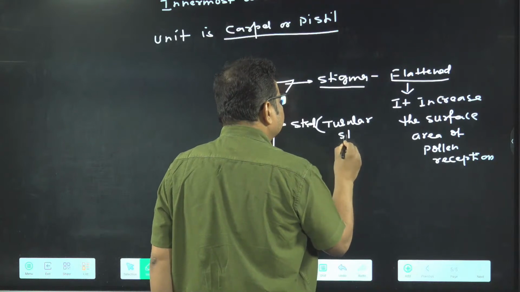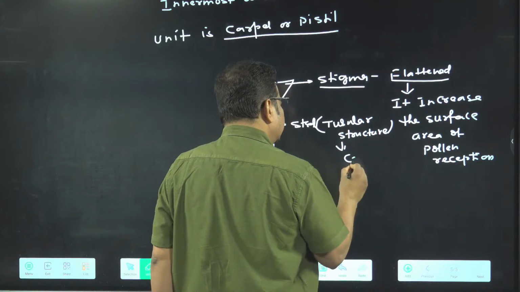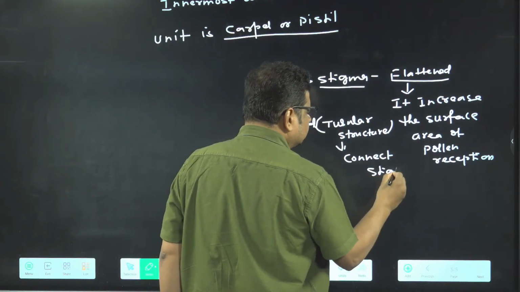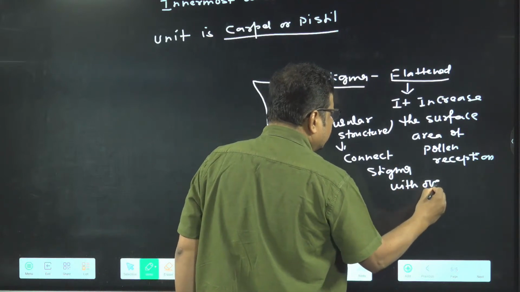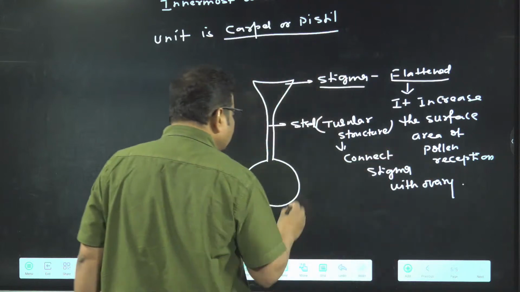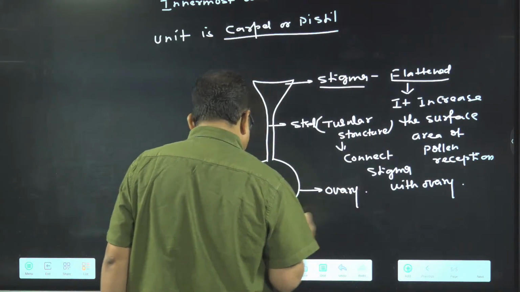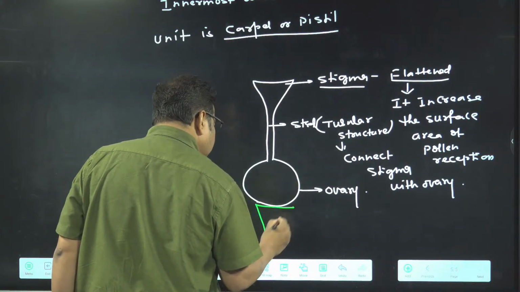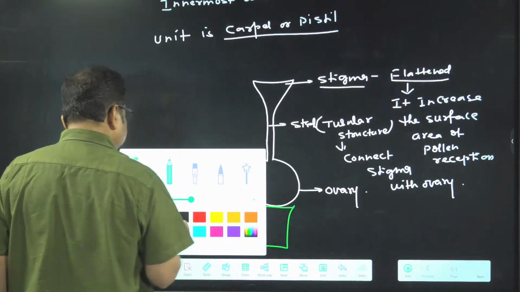And this style connects the stigma with the ovary. Now this swollen structure is called the ovary. And here I am drawing the thalamus.